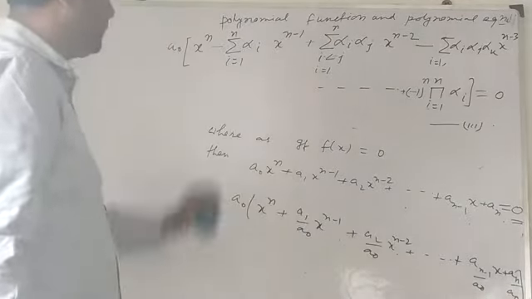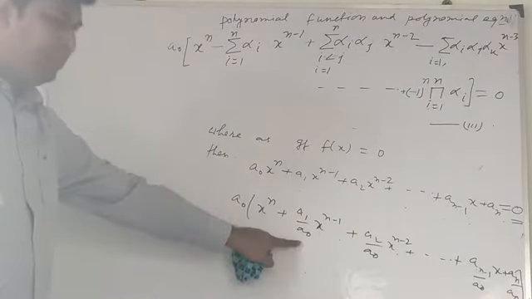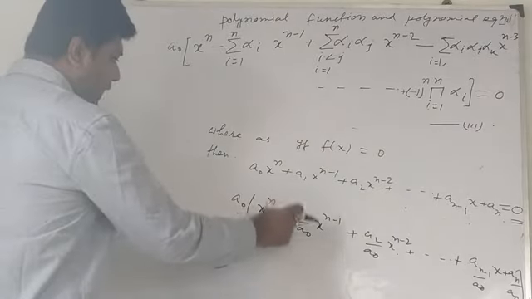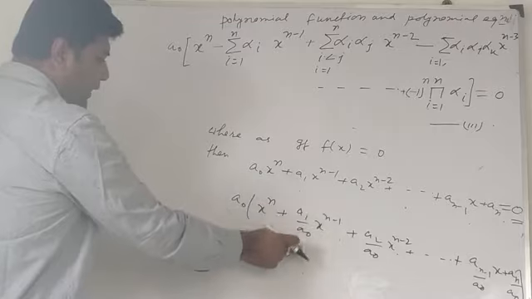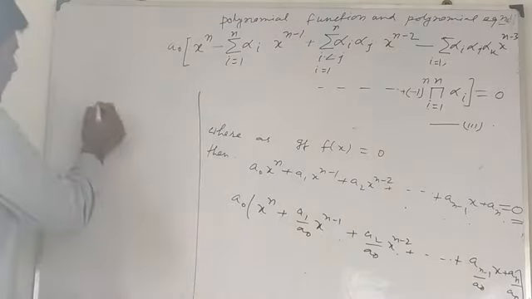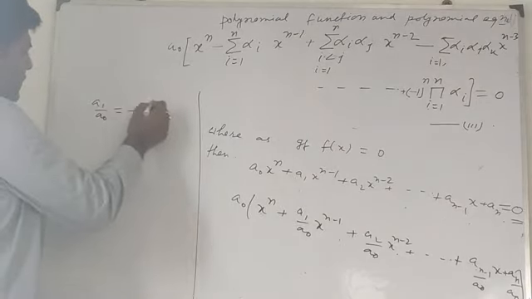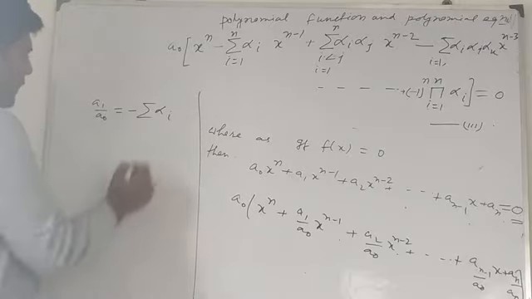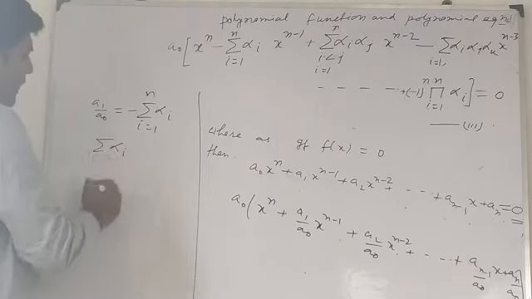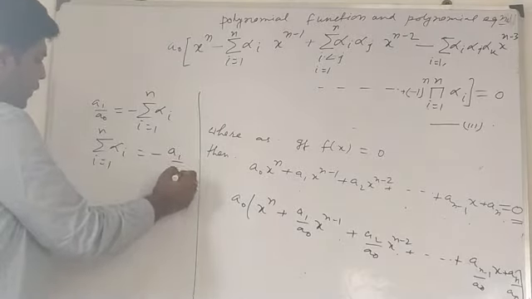Now compare these two. You will find a very interesting thing. As this one and this one is same, because it's identical equation, so we can have one thing, that value of a1 by a0 equal to this thing. That means you can write here a1 by a0 can be written as minus summation of alpha I, where I equal to 1 to n. Means summation of alpha I equal to 1 to n can be written as minus a1 by a0.